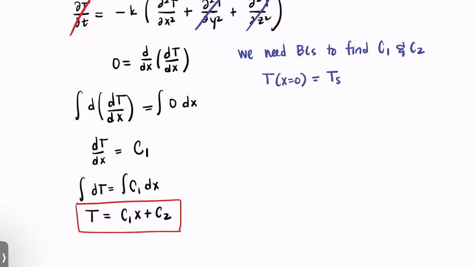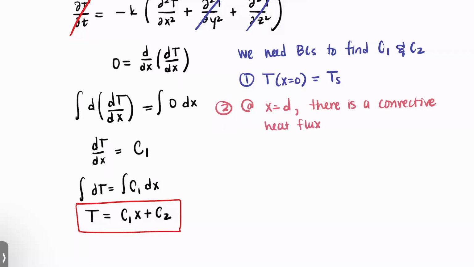So that's just the temperature of the egg at the pavement is the temperature of the pavement. So this is boundary condition number 1. Boundary condition number 2 is that at x equals d, there's a convective heat flux.